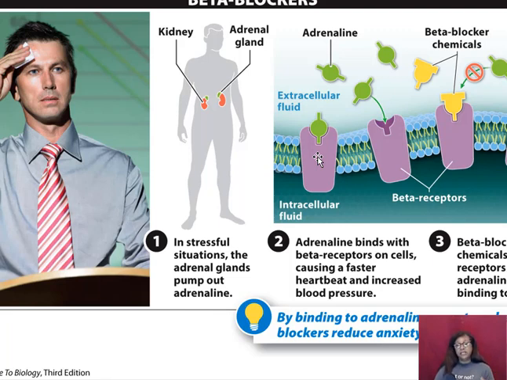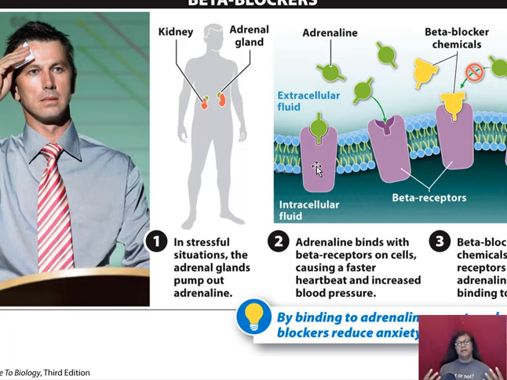Blood pressure increases. When the adrenaline locks into the beta receptor that's present on the vessels, it will cause the vessels to constrict, and that causes the blood pressure to go up. And so, we don't want that, right?